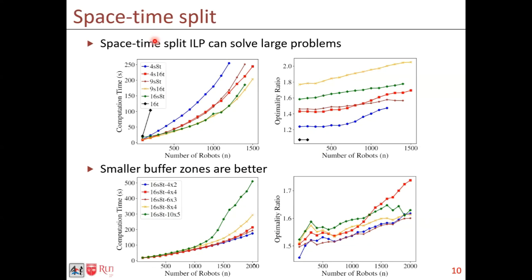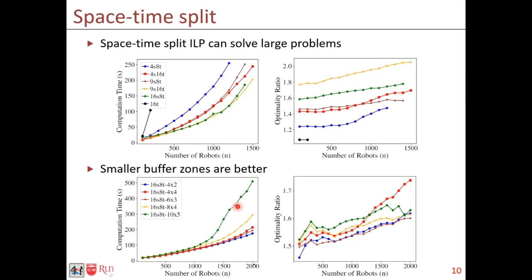For example, 4S8T means that we first divide the original graph into 4 subgraphs and then use 8 time split to solve the resulting subproblems. The figure shows that the combined heuristics enable IRP solver to solve hard instances where nearly 1,500 robots were solved at 16 times speed. As the black curve shows, the baseline may fail and can only solve instances with 100 agents.